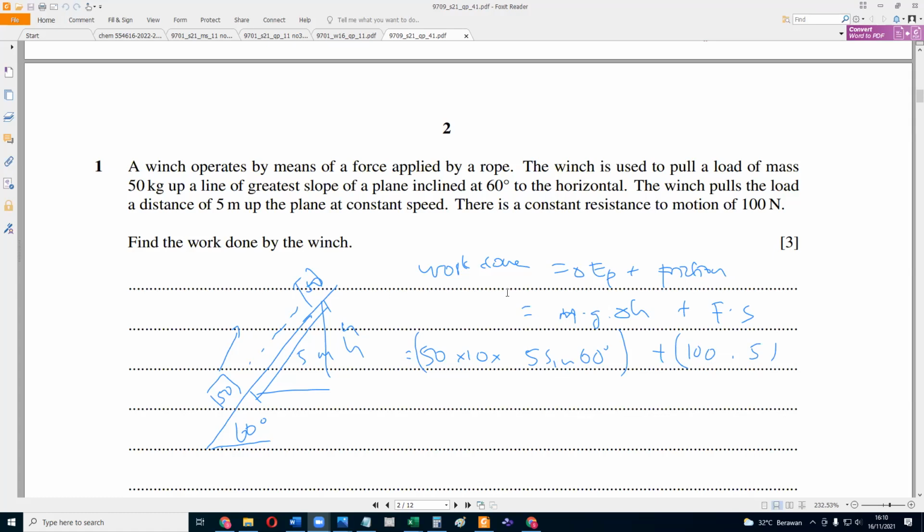Any question for this one? I'm still calculating first. Wait. All is in degrees, right? Not in radians, right? Yes, they say this is 60 degrees. Wait, 5 sin 60.